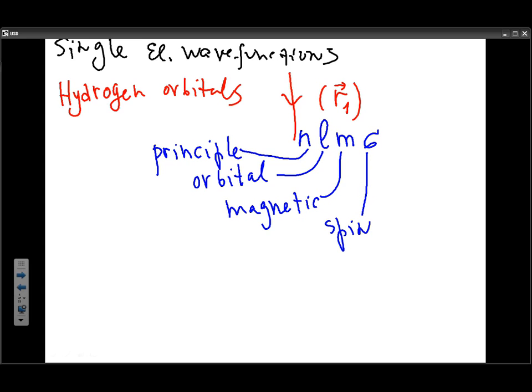And by now we were speaking about probably only 3, but we were not explicitly describing the spin quantum number. Although probably through your basic education you all know what it is. So what is spin?